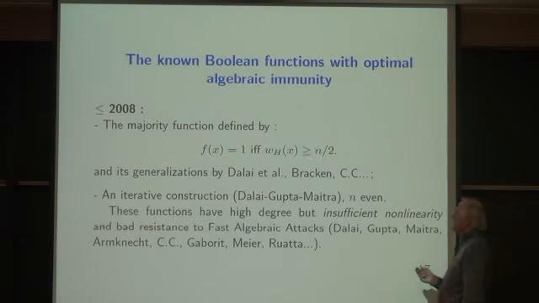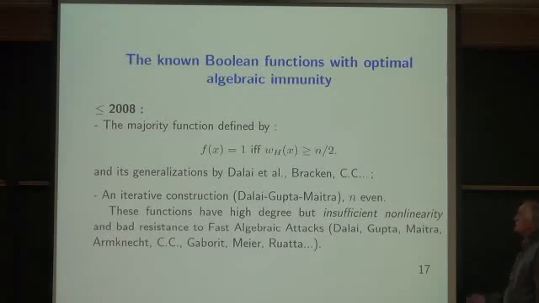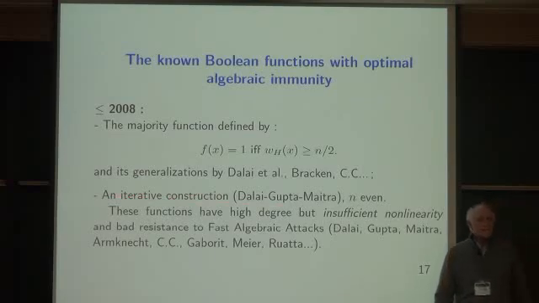You can put strictly larger here, it will not change the algebraic immunity, it's easy to show. And Dalai, Maitra and Gupta found this function again, showed it to have optimal algebraic immunity. They found also an iterative construction, very complex. It's very impressive that they could build such function and show it can have high algebraic immunity, optimal one.